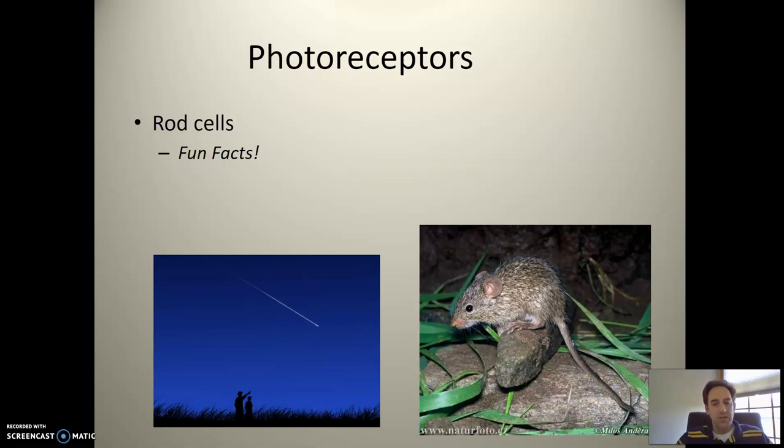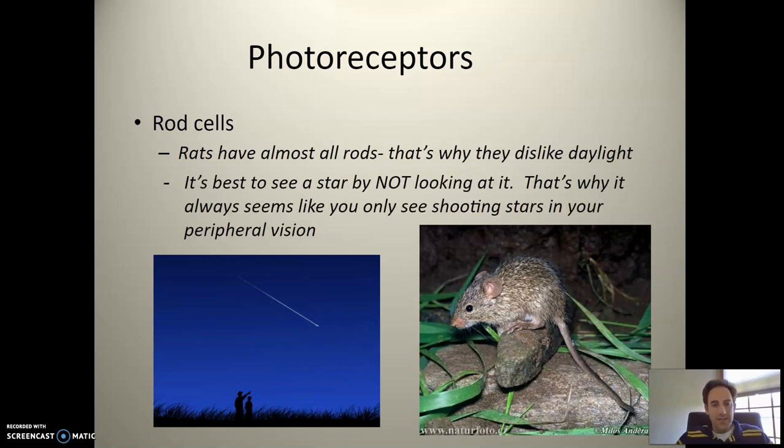First of all, a shooting star. It's actually easier to see a shooting star with your peripheral vision, because if you're looking right at a faint star or a faint shooting star, the light is hitting your cones, which see color but are not as sensitive to dim light.